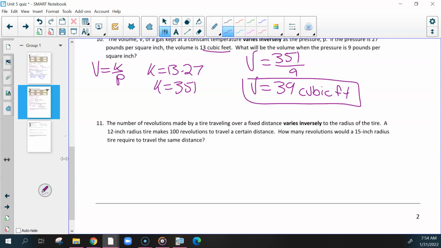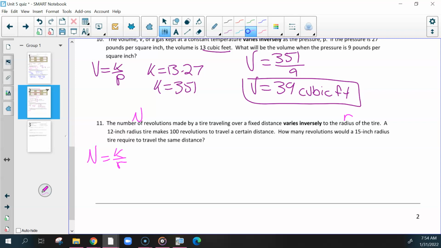For 11, I'm going to solve using our equation. Here we don't have variables, so we need to define them. You can call them N and R or something else, X and Y, doesn't matter. So our equation here would be N equals K over R. But I'm setting this up using my equation.